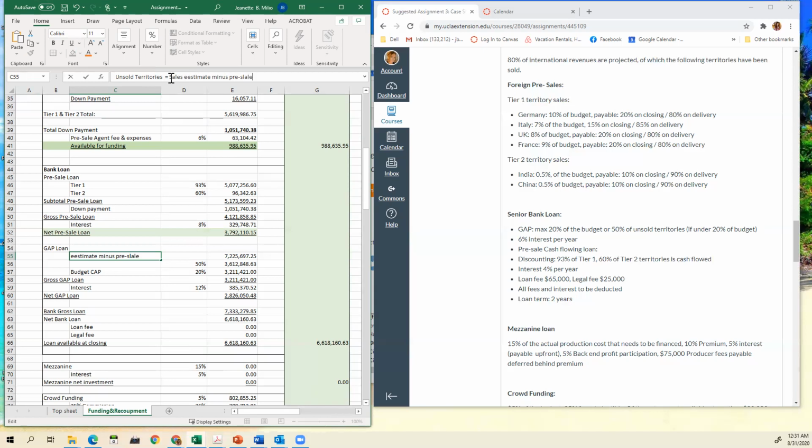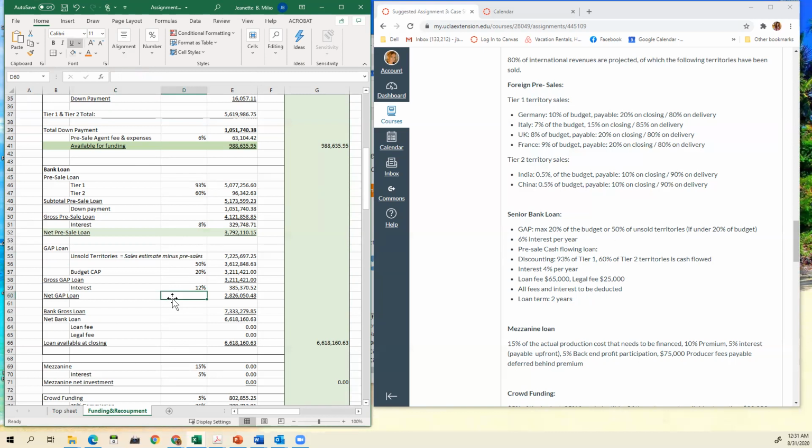So that's your definition: sales estimates minus all your pre-sales. That's how you figure out how many rights you still have available to sell when your movie is finished. I'm going to just mark this up as a little reminder.